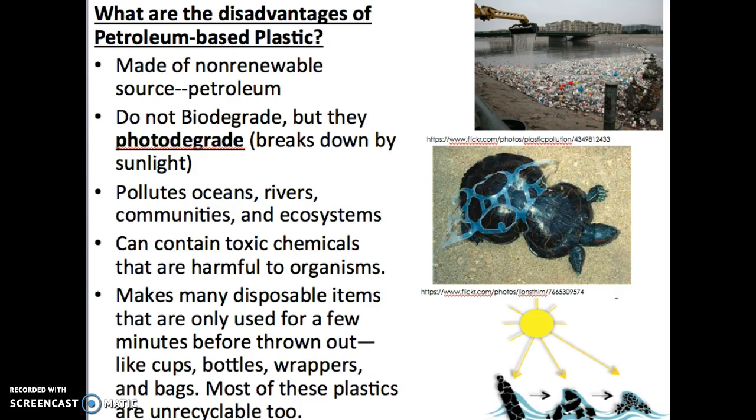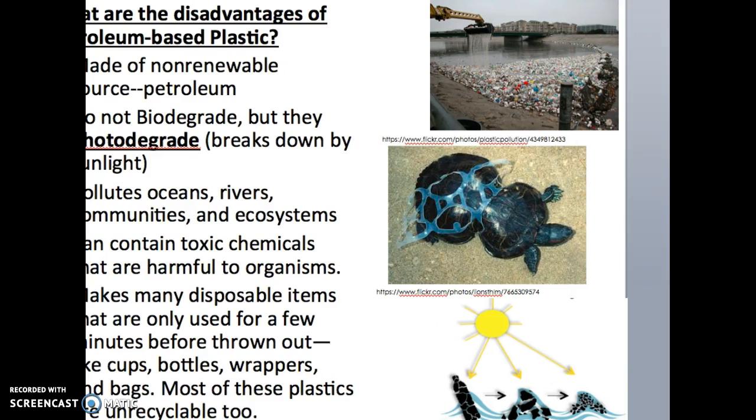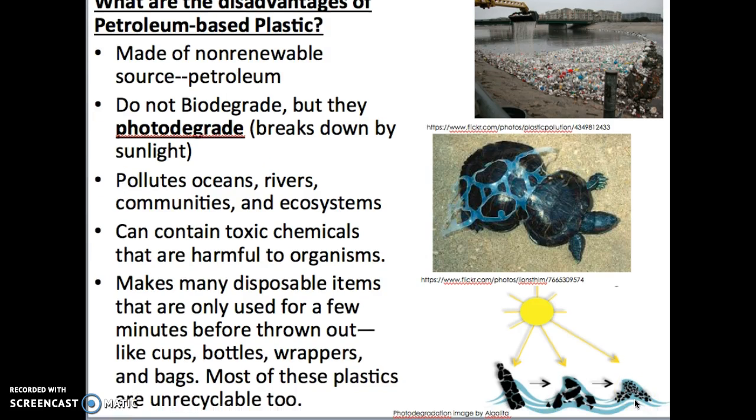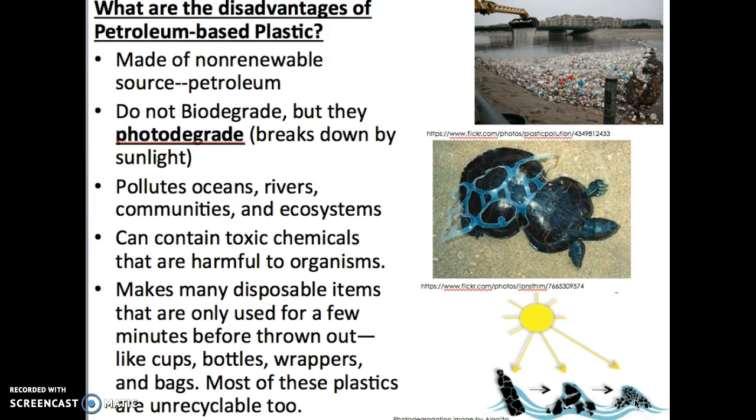Unfortunately, there are some disadvantages of petroleum-based plastic, and this is review, but again, they are made out of a non-renewable resource like petroleum. They don't biodegrade. That means that microorganisms and other decomposers cannot eat them and return the nutrients back into the soil. Instead, they photodegrade, and this is a picture of photodegradation right here on the bottom.